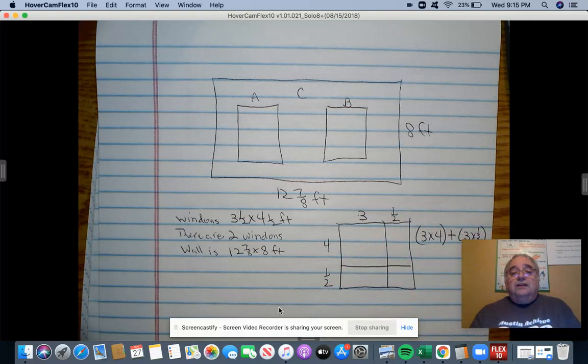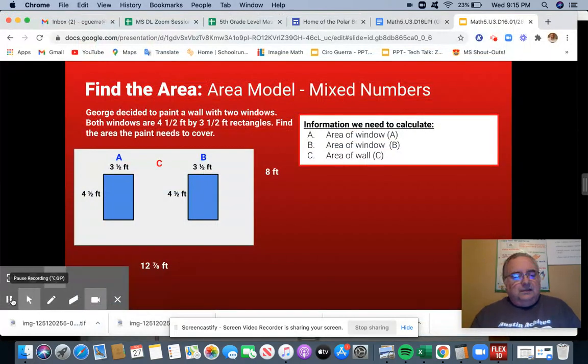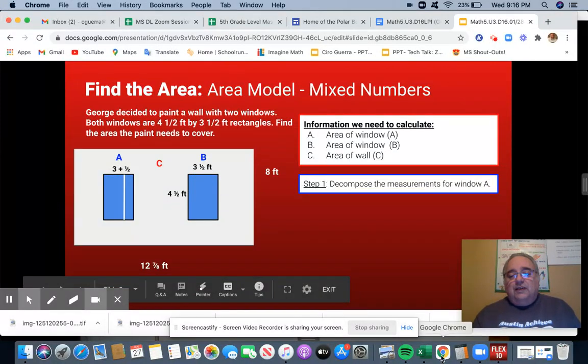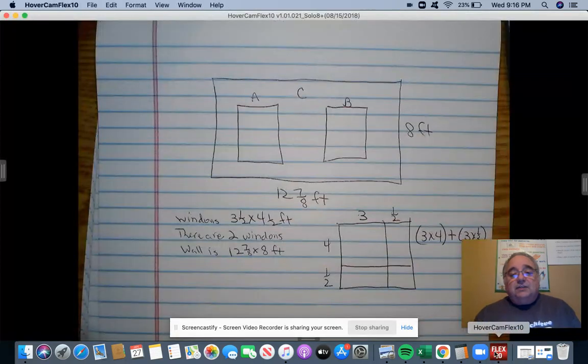I'm pausing the video because I want you to figure out and let me know what that equation comes to. Pausing the video in 3, 2, 1. Excellent. We're going to decompose the window, write it down. So now we have to come back here and let's multiply it.